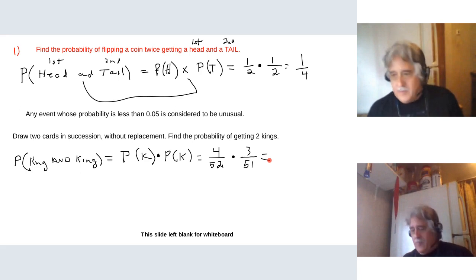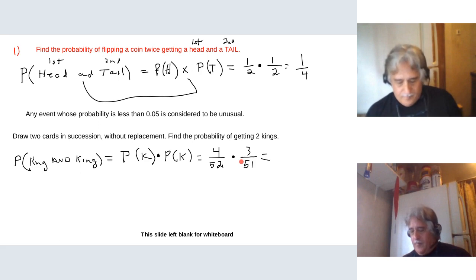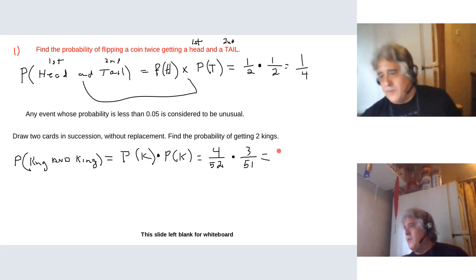So then what we got is 4 over 52 times 3 over 51. I'm going to whittle this one down. This is 1/13. Because if you do that first, then it's going to make it easier.